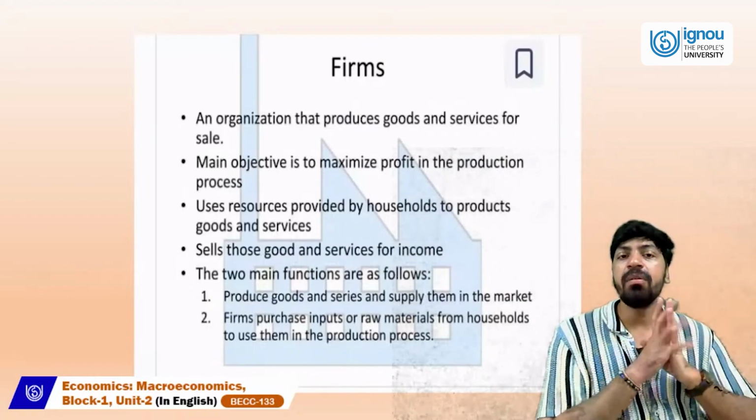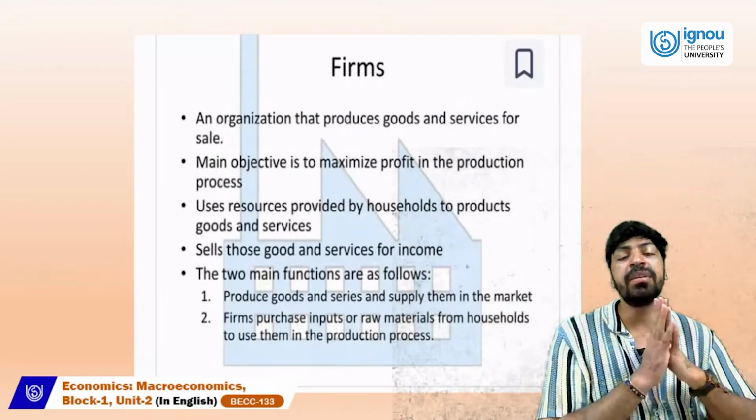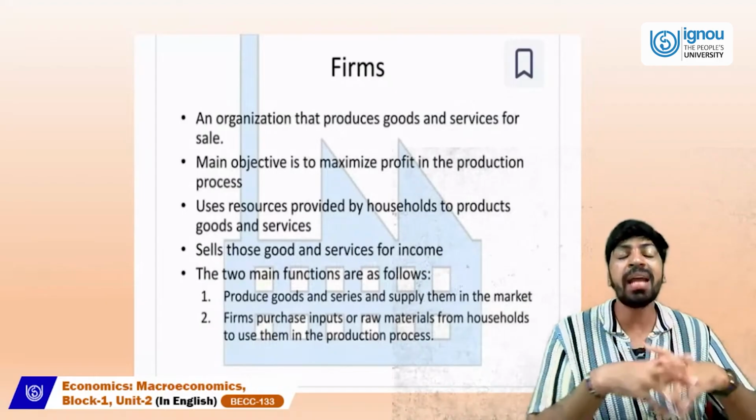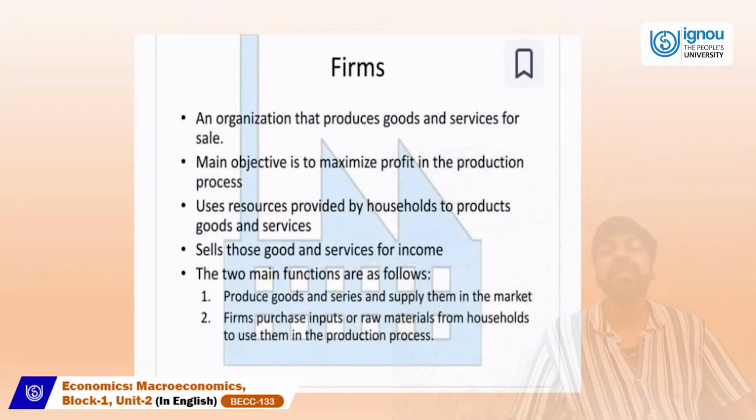A firm refers to an organization that produces goods and services for sale, and one of its main objectives is to increase profit in the production process of all those goods and services. And of course, a firm uses all those resources provided by the household to produce.